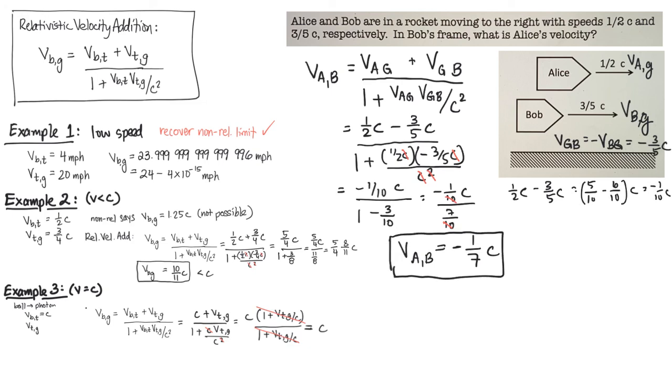So what that's saying is that in Bob's frame, Alice appears to be going to the left. Does that make sense? Well, let's look back at the picture. Bob is overtaking Alice. His speed is larger than Alice's, and they're going in the same direction. So if Bob is overtaking Alice, in Bob's frame, Alice will appear to be sliding backwards to the left in his frame. And how fast? Well, not half c, not 3/5 c, but rather 1/7 the speed of light.